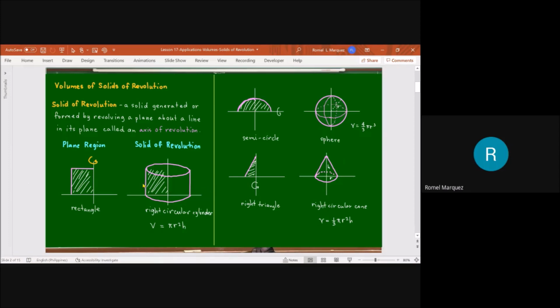So if this is the height and this is the radius, so this is the volume. Now our concern is on the solids of revolution formed out of irregular plane regions. So that's the role of the definite integral, no? To compute for the volumes of solids of revolution formed by regions that are not regular.